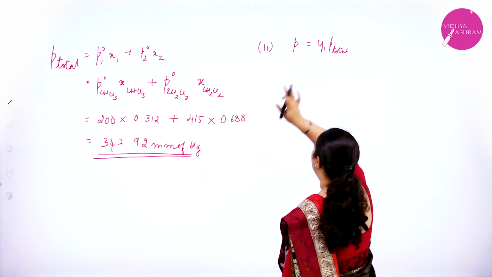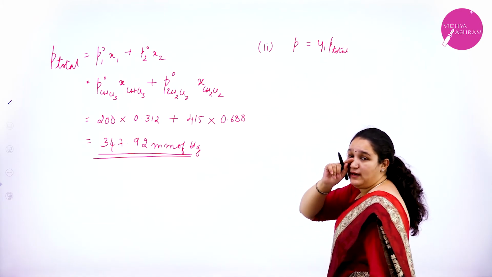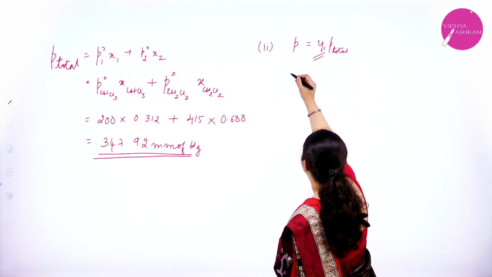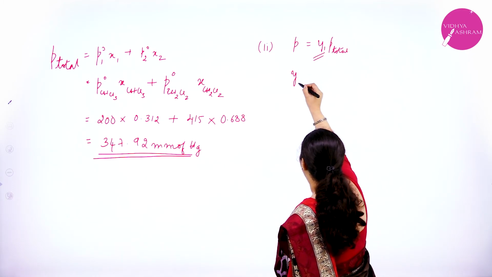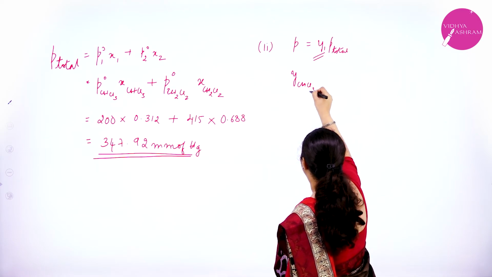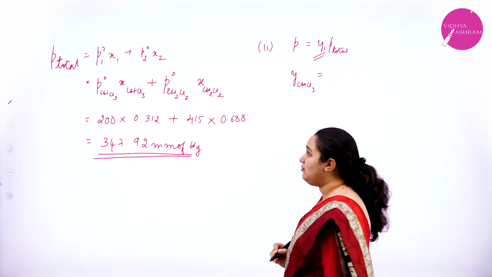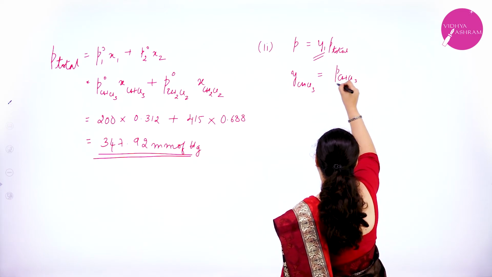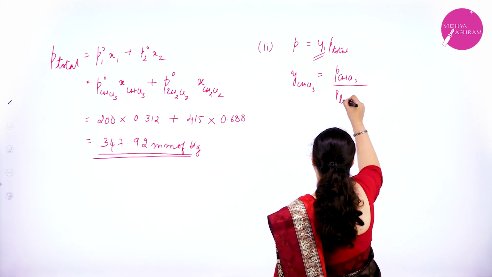Correct? So I want to calculate the mole fraction. So the mole fraction of CHCl3 is equal to, okay, partial pressure of CHCl3 by total pressure.